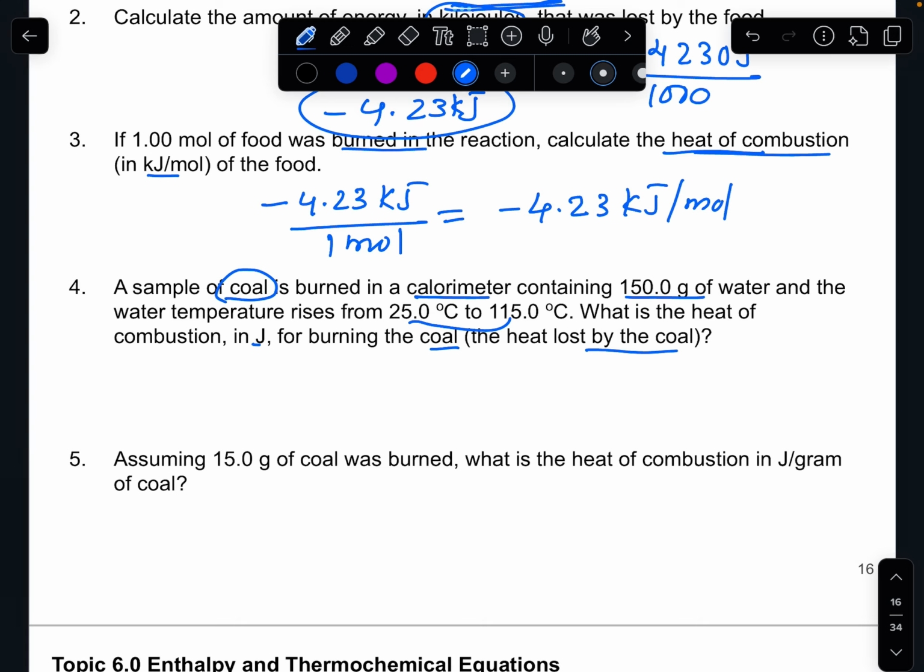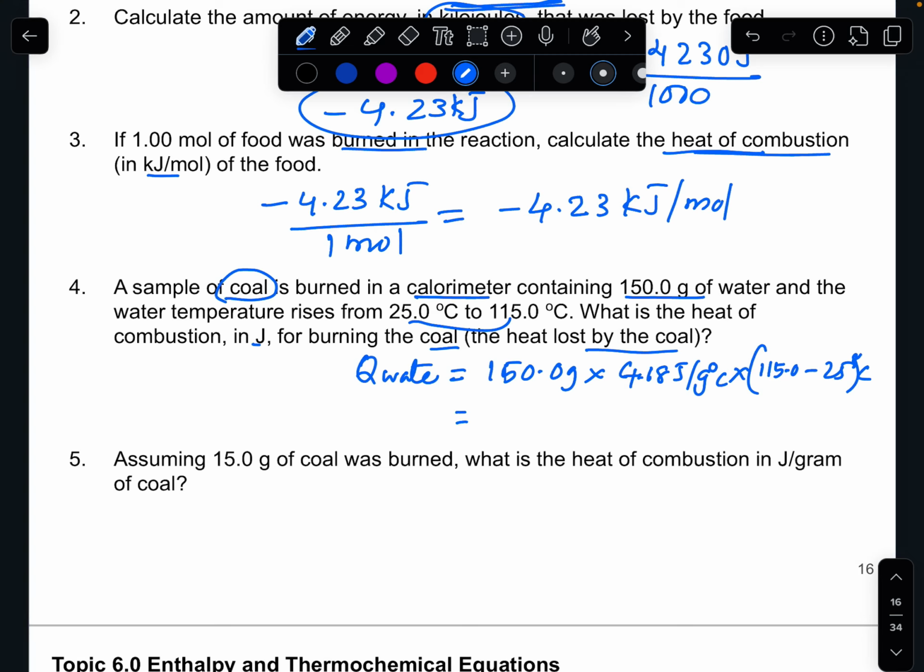Okay. So same thing, we calculate the heat gained by the water, which is mass of water, 150.0 gram, times C of water, which is 4.18 joule per gram degree Celsius. Then the change in temperature will be 115 minus 25 degrees Celsius, right?